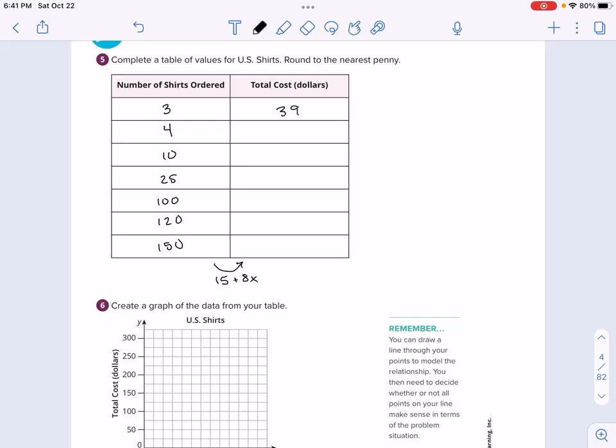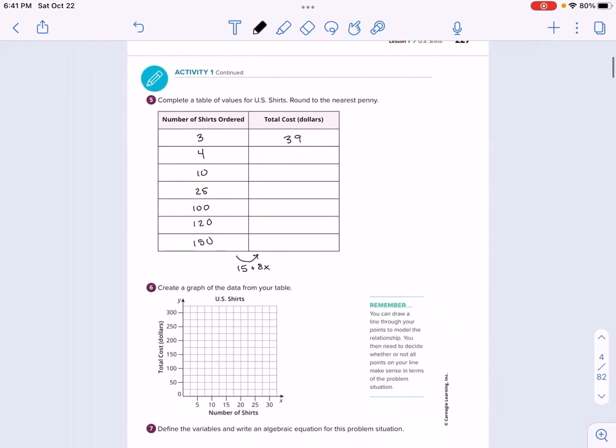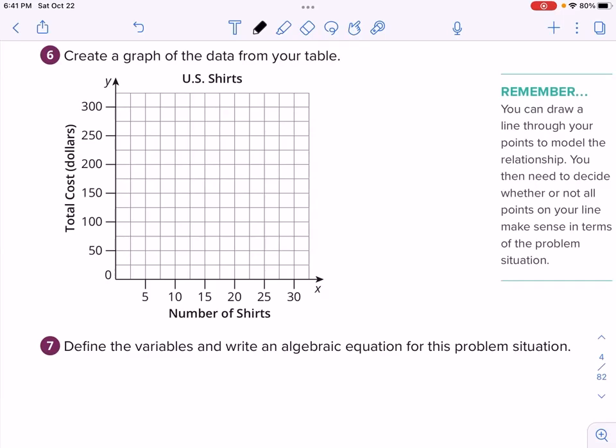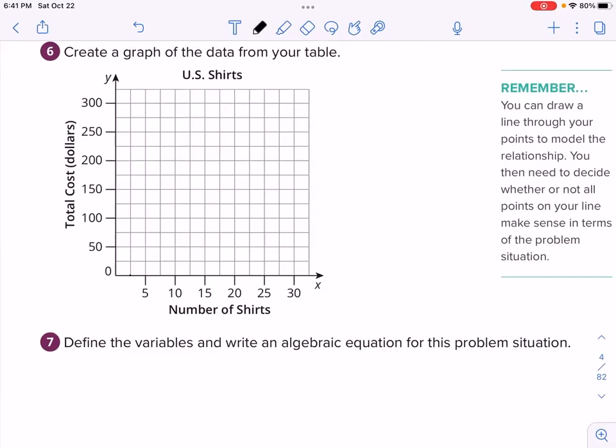Now I'm also going to do number 6 at the same time. Let's graph that. This gives us an ordered pair, 3, 39. So if I go over here, number of shirts is 3, and the height is 39. This right here is about 2.5 since it's half of 5, so 3 is a little bit to the right of that. This right here is a height of 25 since that's half of 50, so 39 we're going to say is somewhere right here. So this is (3, 39).